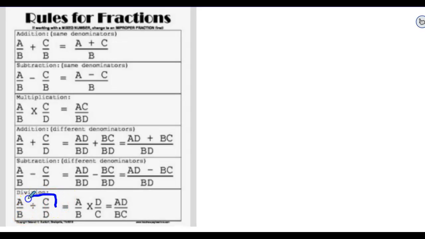So then we would circle this part and we would say A/B times, and this is the reciprocal. You need to remember the word reciprocal. And then you turn it upside down. See how this is C/D? Here we have D/C. And then we multiply straight across. A times D and then B times C.